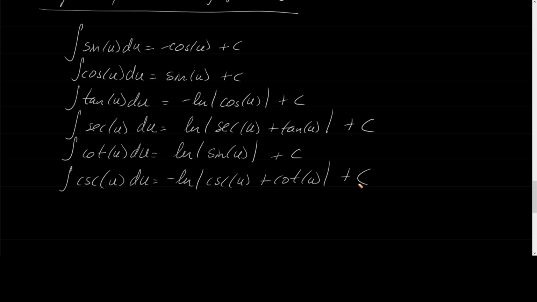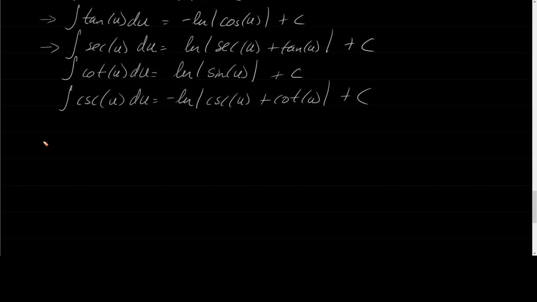All right, so in here, I'm going to prove 2 of these, and there will be examples. So that's for tangent, so let's start with that. So example 1. Let's say that I had the integral of tangent of x dx.